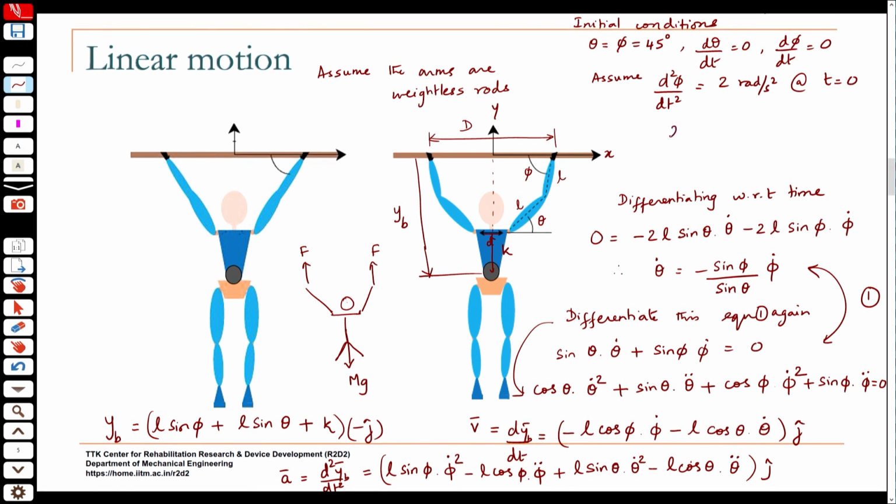So, I have 2F minus mg equal to ma, where a is given by this, everything is in the j direction. So, I will not use the vector form.